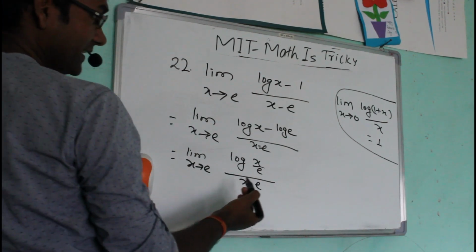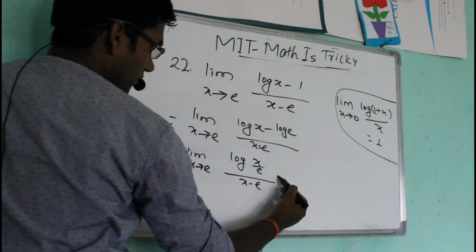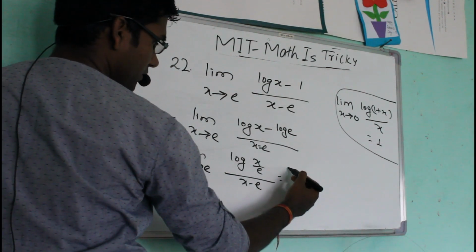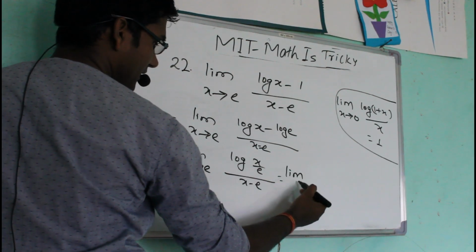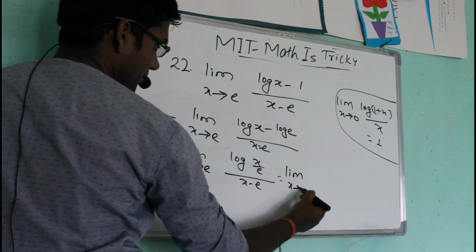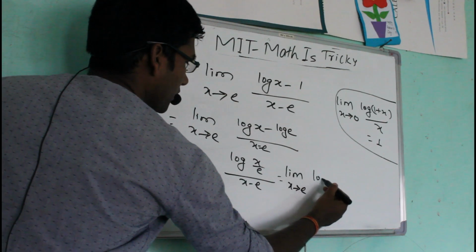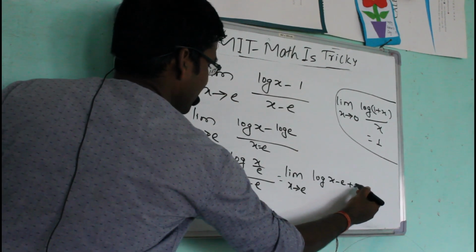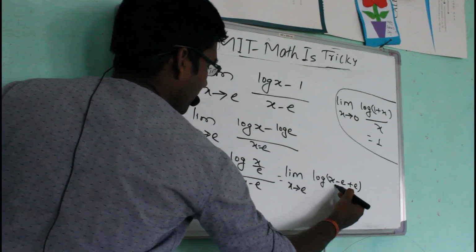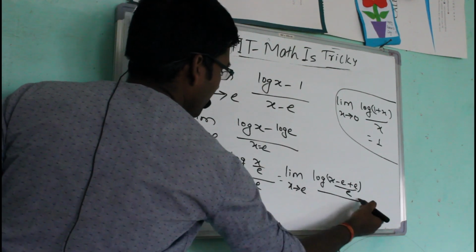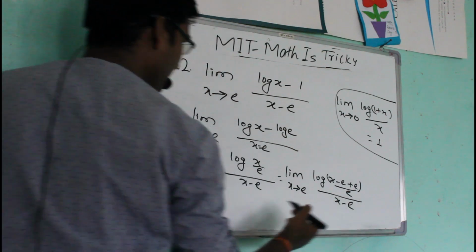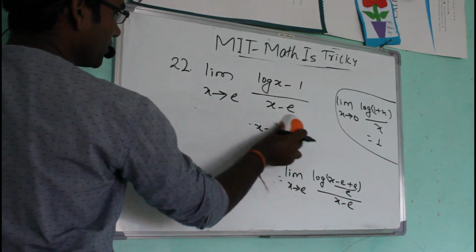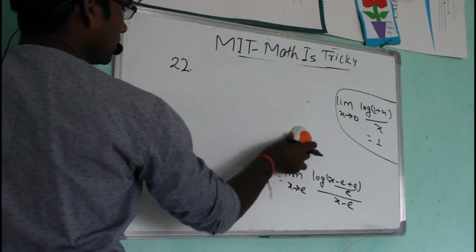So see here, we need a 1. So for that I'm just modifying this given expression so that limit x tends to e of log((x minus e plus e) by e), and then the whole divided by (x minus e). So now let's simplify further to get the answer. So you can see here now what we are getting.